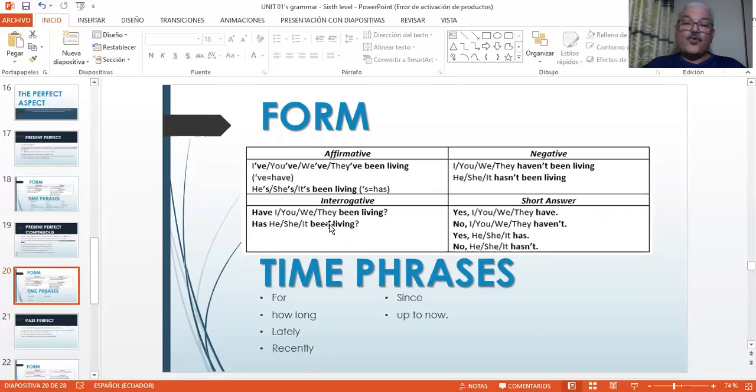If it is an interrogative question, notice that we start with the auxiliary, have or has, then the subject, then been, and then the main verb. And if you have any other complement, it will be after that. Okay, like for instance, these, let's say, time phrases. To answer these questions, you will follow the auxiliary the person uses, and then you answer with the corresponding person that was used in the question.